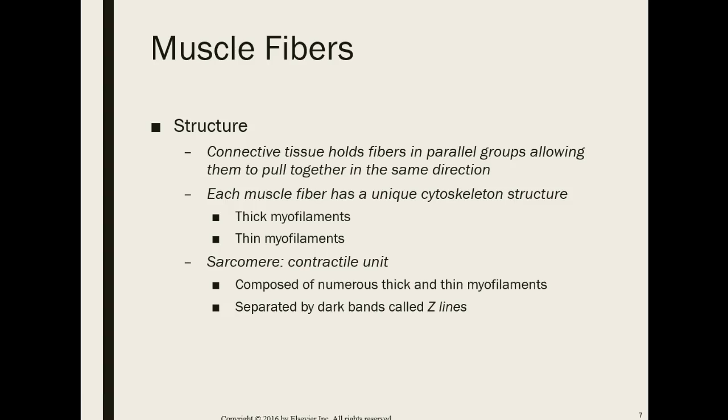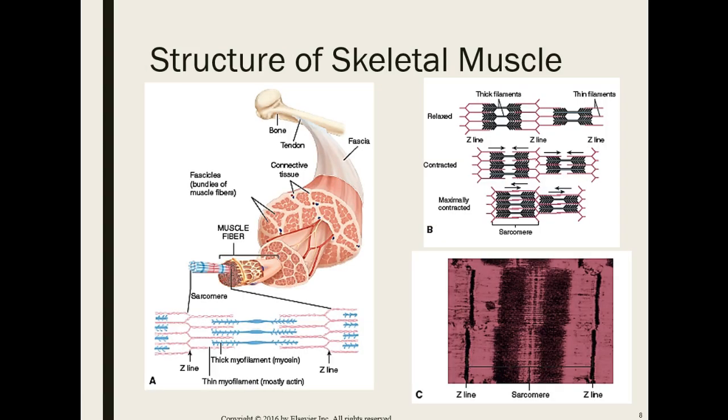The sarcomere is going to be the actual contractile unit, and this is composed of numerous thick and thin myofilaments. If we look here, we can see the thick filaments. They almost look like the end of an arrow from a bow and arrow. And then the thin filaments are these little lines that kind of protrude.